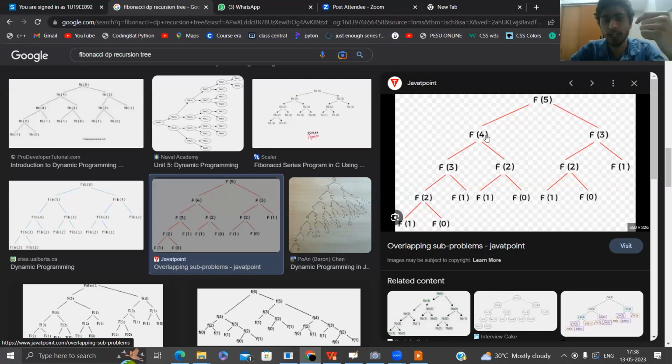First to Fibonacci of 4 minus 1, which is Fibonacci of 3, and second to Fibonacci of 4 minus 2, which is Fibonacci of 2. And each of these functions are going to be making two recursion calls, and therefore this whole branch is going to branch off as we go down the level, right?